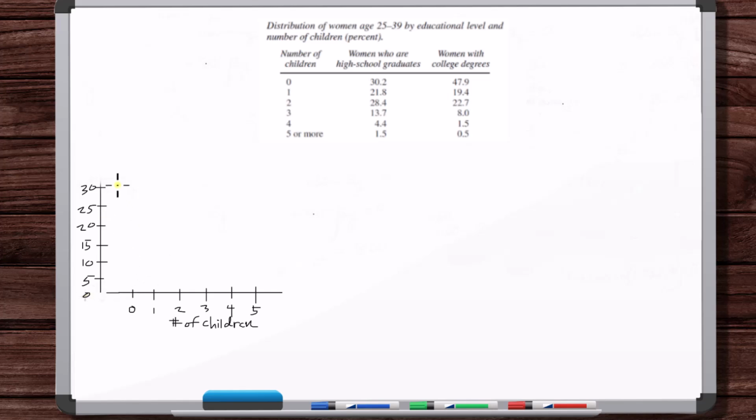Okay, so the 0 block is 30.2. The 1 block is 21.8. The 2 block is 28.4.